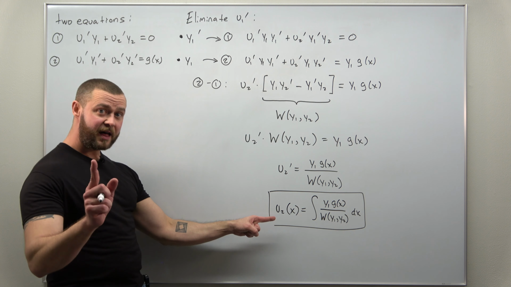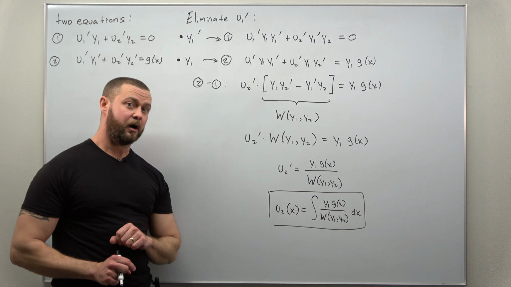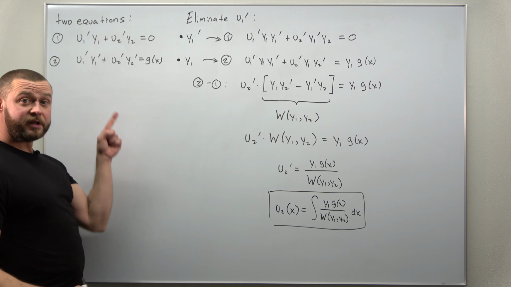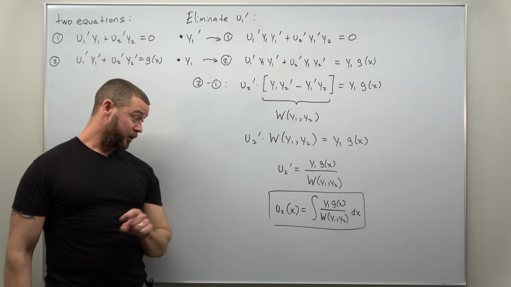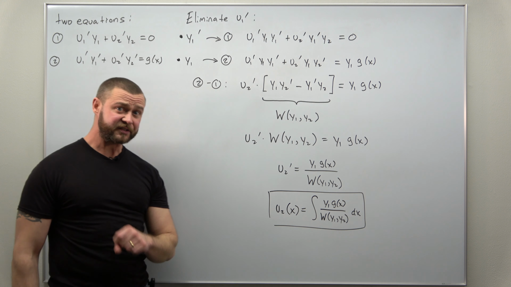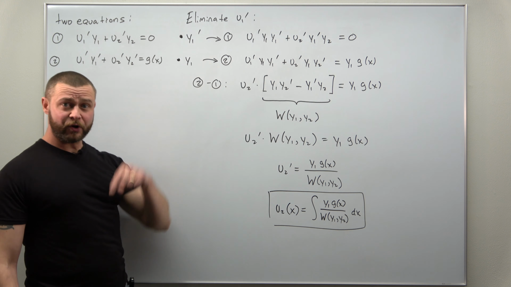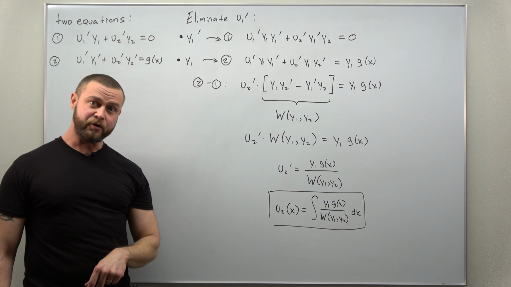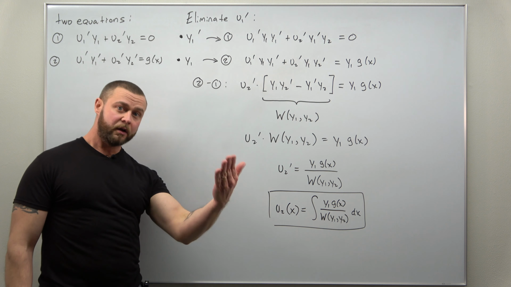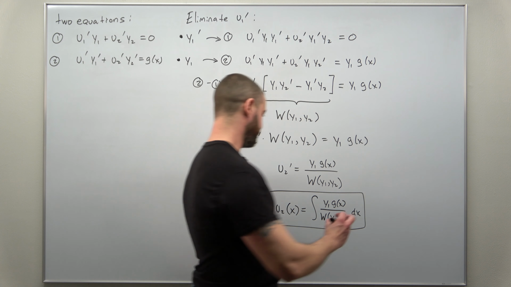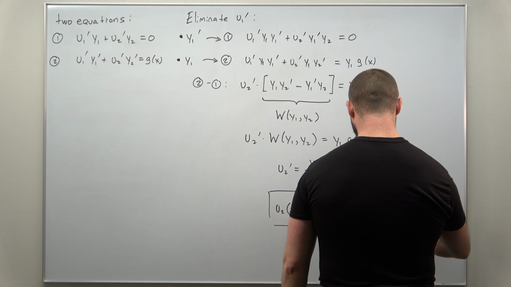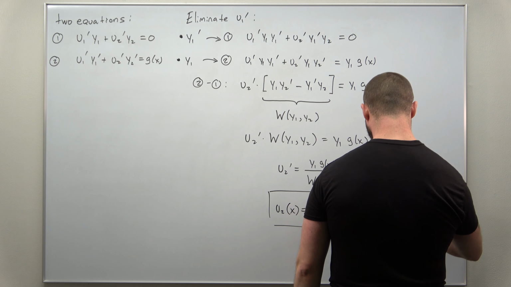Now, this is only half of your solutions here. You need to go through solving for u1 of x, and you can do that also with elimination. And if you go through similar work, you'll get the other formula, the formula for u1 of x.